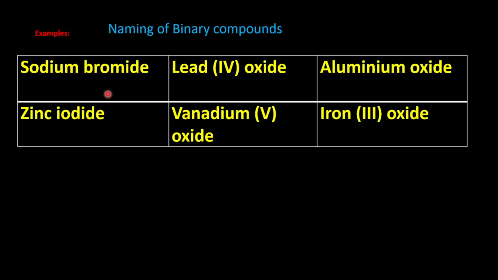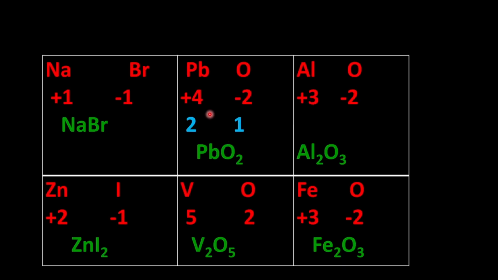Sodium is Na, bromide, it is Br. You have indicated that. Now let's move to the second one, Pb. Write it down. O, which is for oxide, you also do that. Let's move to the third one, Al for aluminium. So this is what we have to do when it comes to writing of chemical formula.